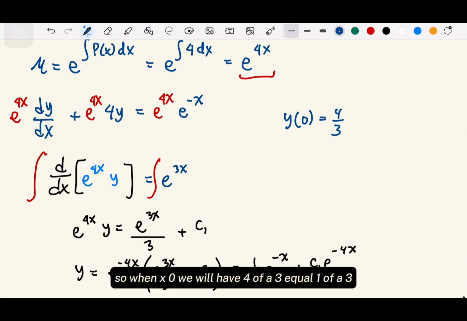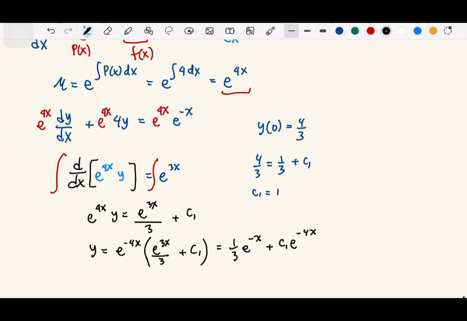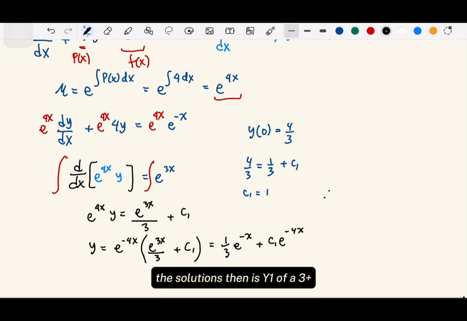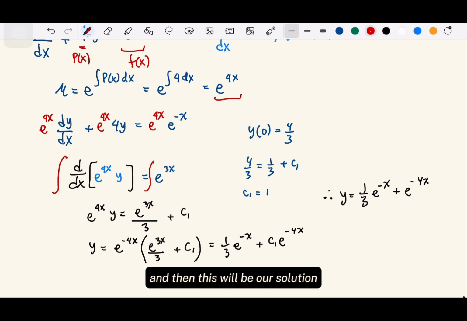So when x is 0, we have 4 over 3 equals 1 over 3 plus c, right? And then we get that c is just 1. So the solution is y equals 1 over 3 e to the negative x plus e to the power of negative 4x. And then this will be our solution.